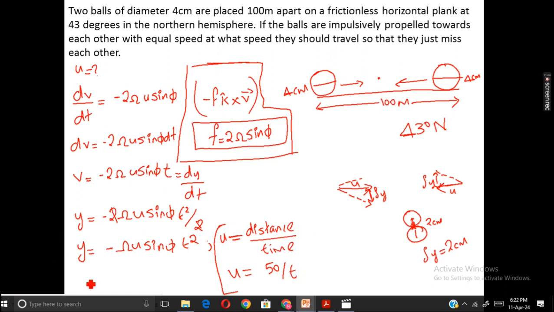If we substitute this, y is equal to minus omega into 50 by t into sine phi into t square.